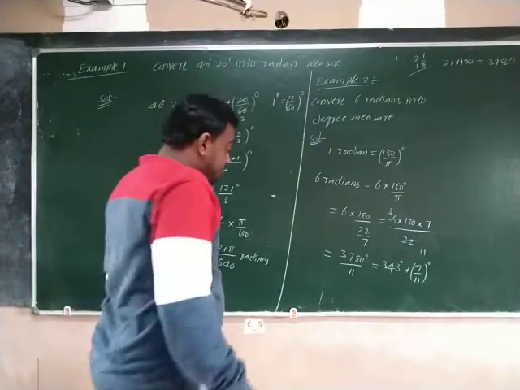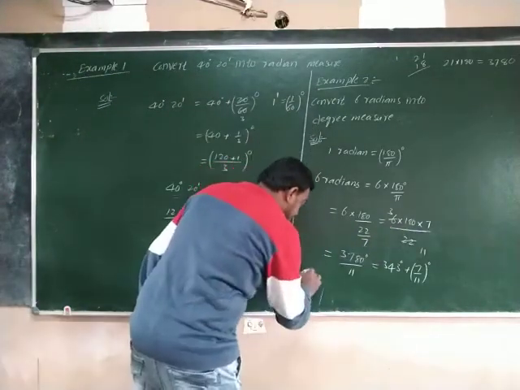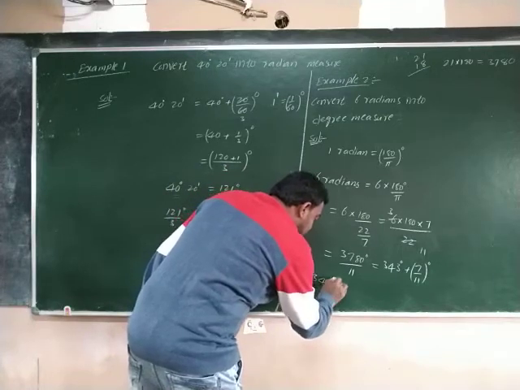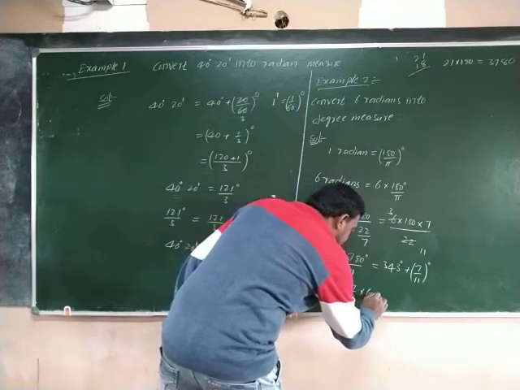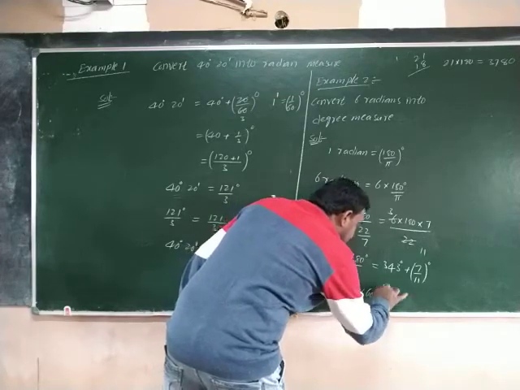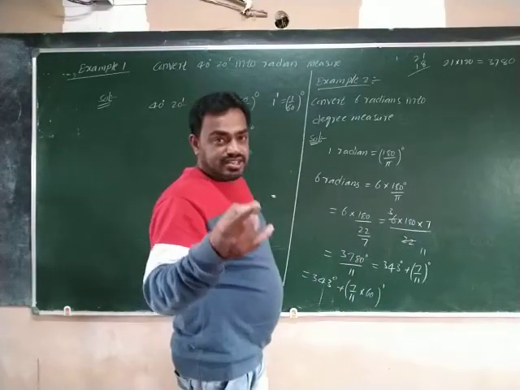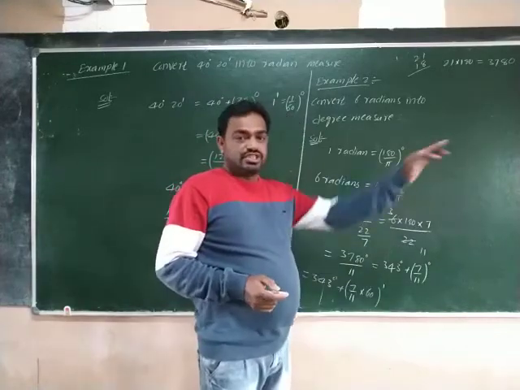Next, this is equal to 343 degrees plus 7 by 11 degrees. If you multiply by 60, it is converted into minutes, since 1 degree is equal to 60 minutes.